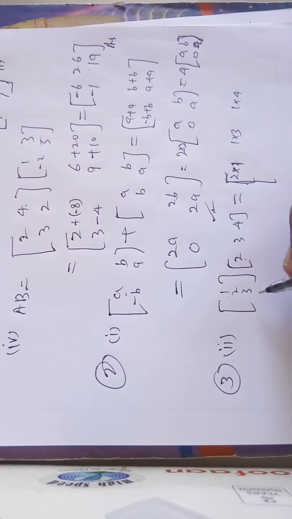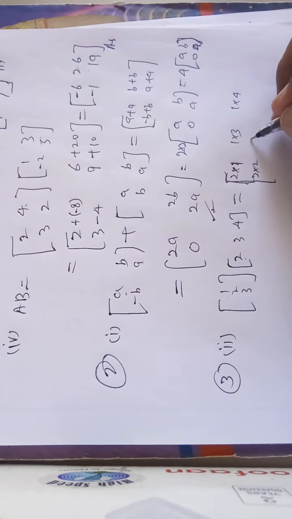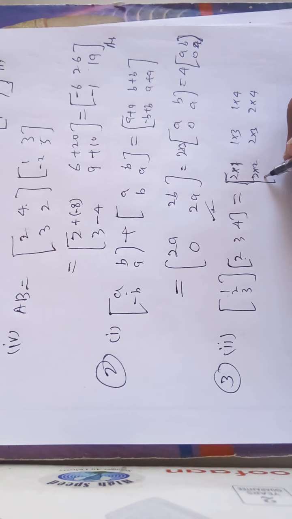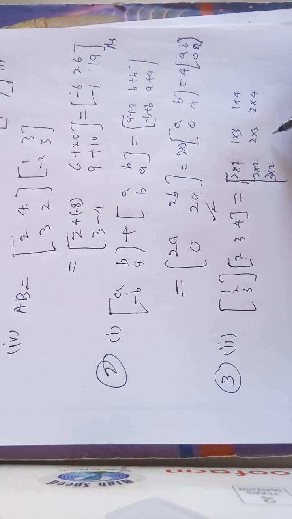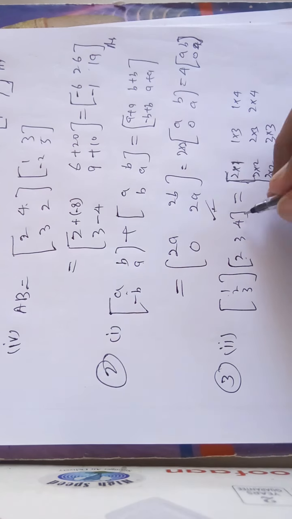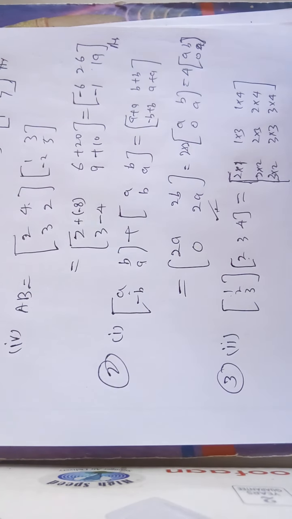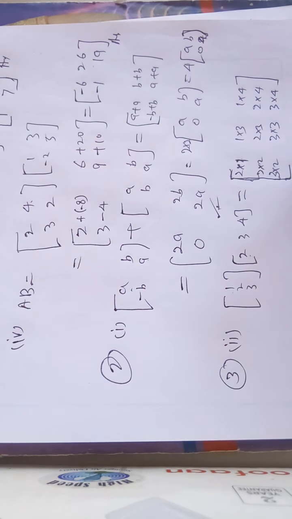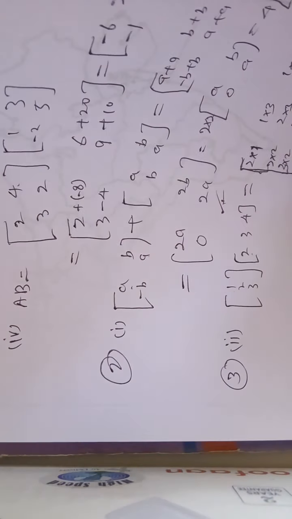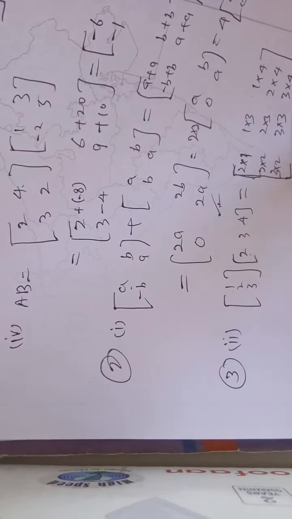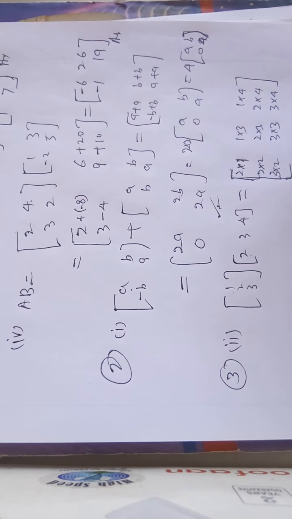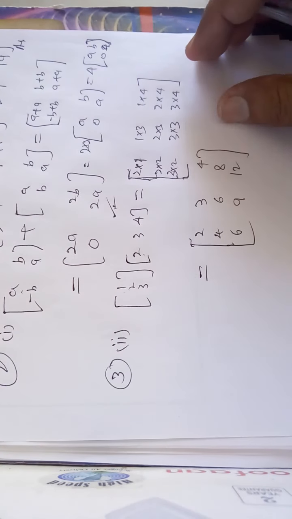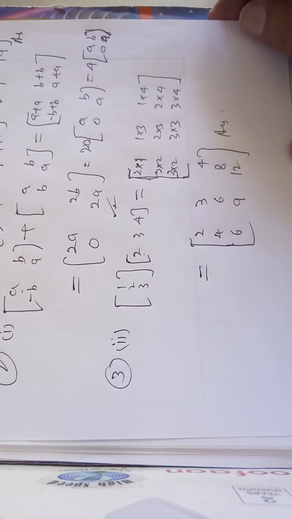This is a row. 2 into 2, 2 into 3, 2 into 4. Third: 3 into 2, 3 into 3, 3 into 4. This matrix is [2, 3, 4; 4, 6, 8; 6, 9, 12], the new matrix. Clear? Multiply, then find the solution, and you get your answer.